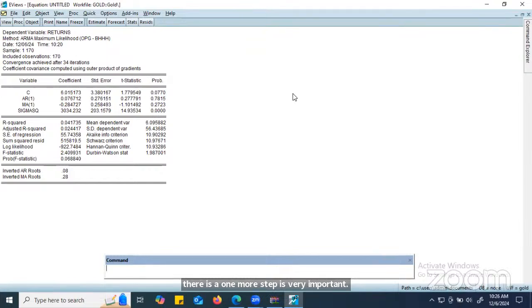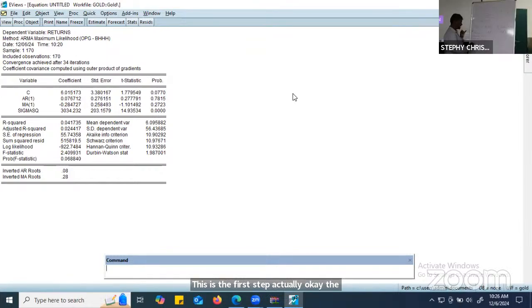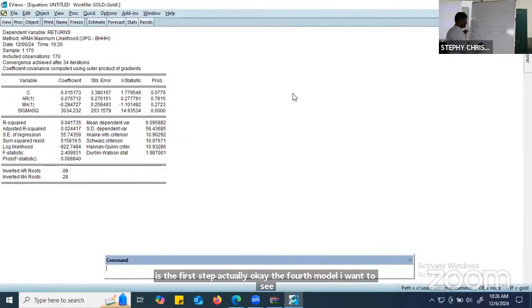Okay. The fourth model, I want to see ARIMA 3, 1, 3. Fifth one, I want to see ARIMA 3, 1, 2.